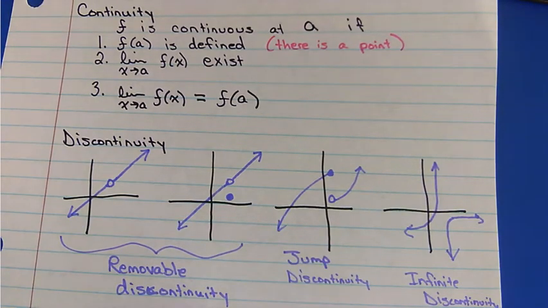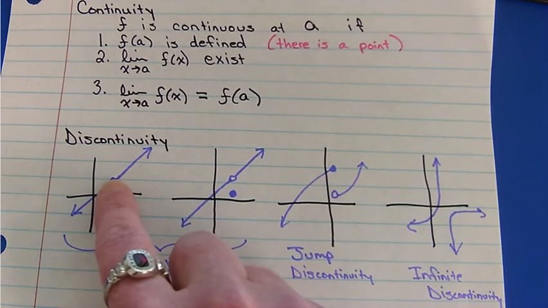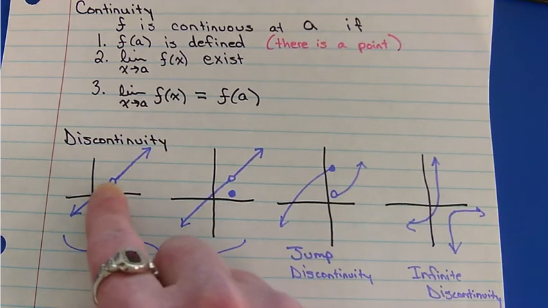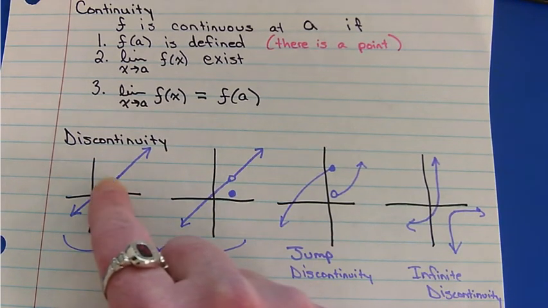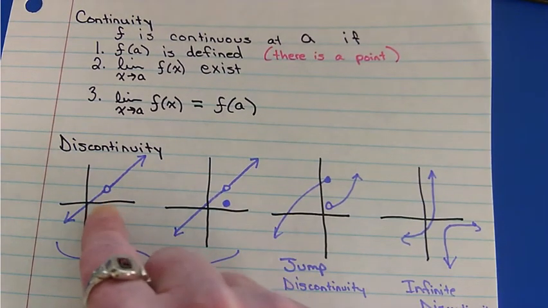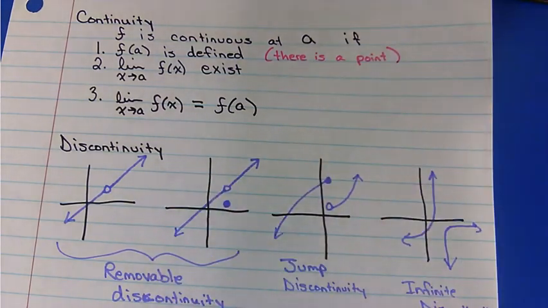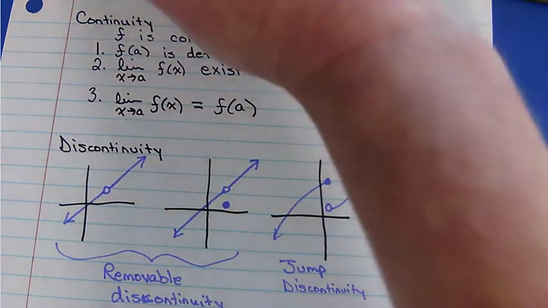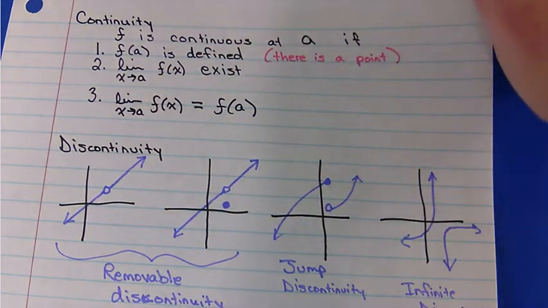So in that matter, if we had a rational function and they had already stated that x is not 2, then it's continuous everywhere that it is defined. So it's continuous on its domain, but it's not continuous at that point.